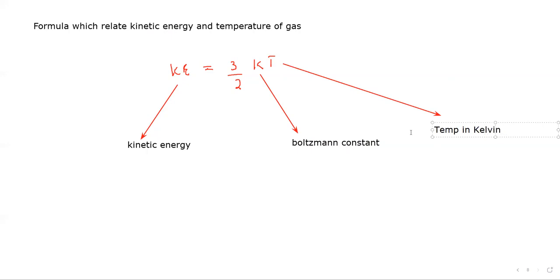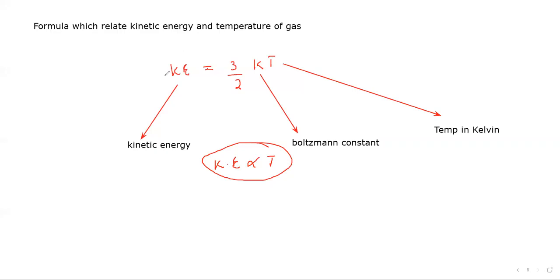This formula shows that kinetic energy and temperature are directly proportional, because 3 by 2 is a constant number and k is constant. So I replace the equals sign with a proportionality sign: kinetic energy is proportional to temperature.